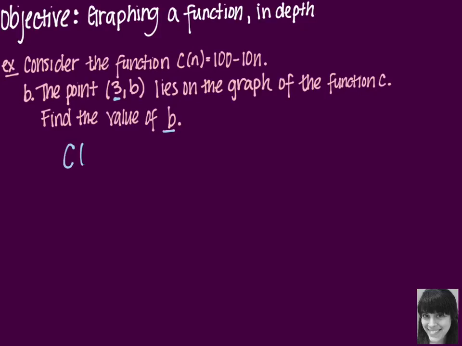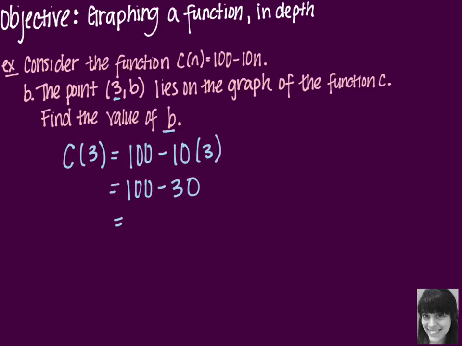So c of n, the input, which is n, which is 3 for this problem. Wherever I see n, I'm going to replace it with 3. So 100 minus 10 times 3, so 100 minus 30, which equals 70. So b equals 70.